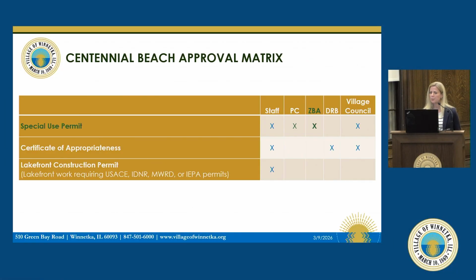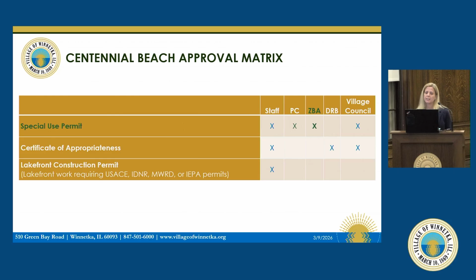With any development project, there are various types of review by the village. Some are administrative reviews handled by staff, and other reviews involve a public review process. This table summarizes the role of village staff, the advisory bodies, and the village council in the various aspects of the village approval process.